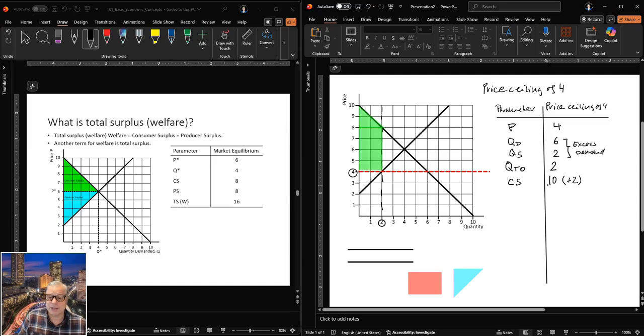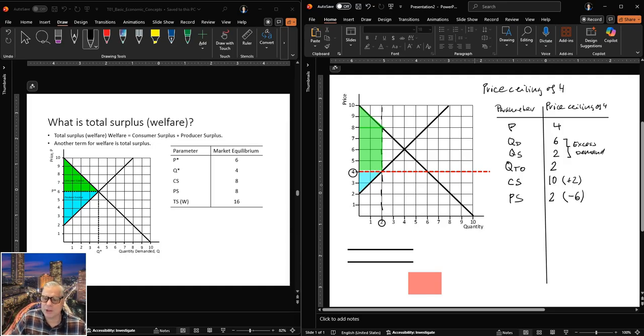Well, but now let's take a look at producer surplus. How big is producer surplus? So producer surplus is this triangle here. So how big is this triangle? So this is obviously only 2. But if you compare it to the market equilibrium, the producers, in the market equilibrium, they got 8. So now they lose 6.